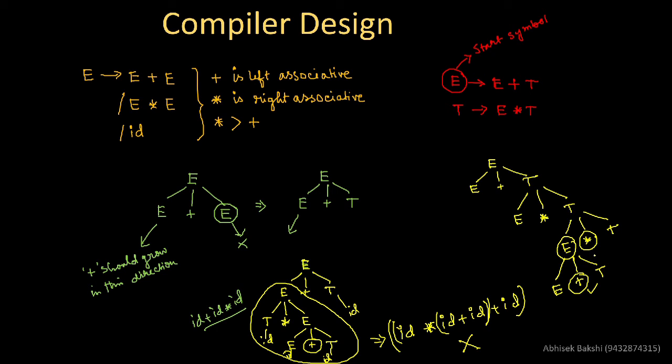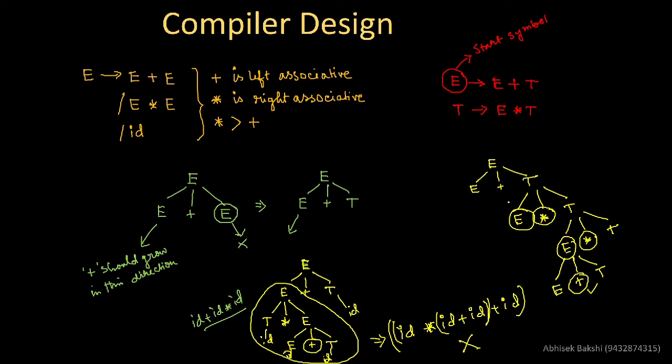That means as you have come into the star, you cannot keep any way to grow the plus in the left hand side. You cannot do this, right?